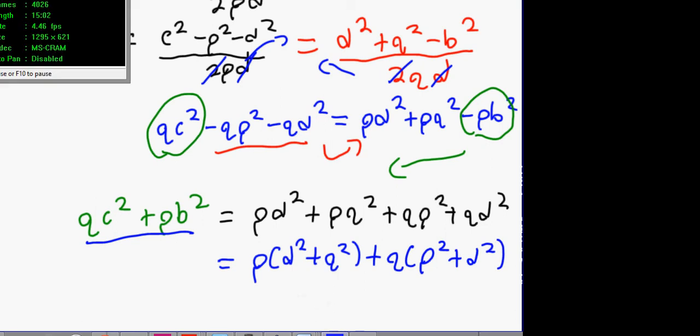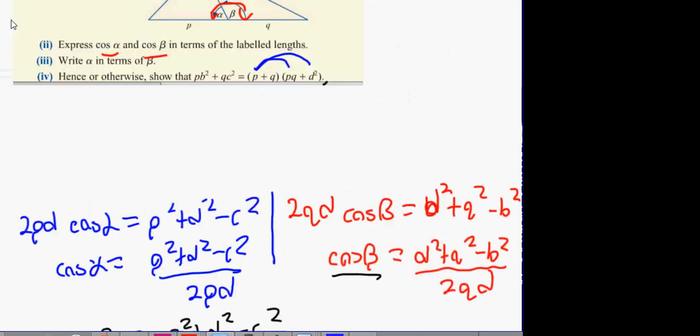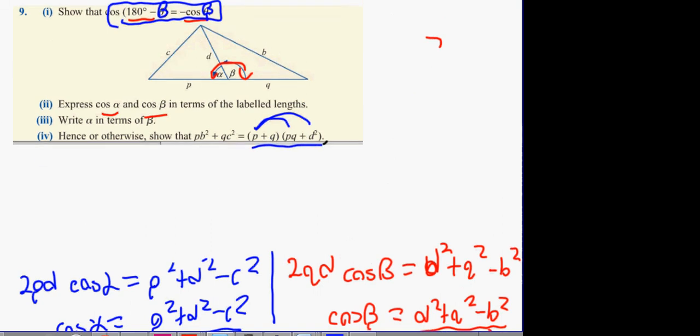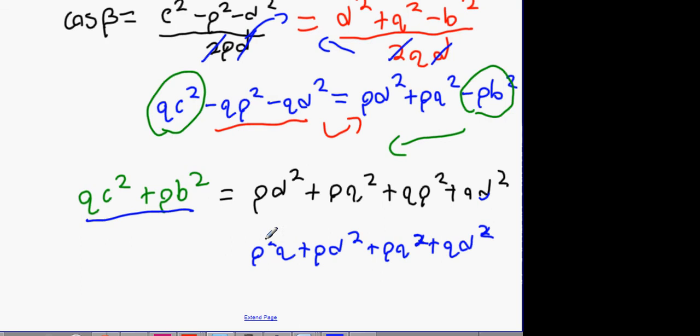In the event you get stuck on something like this, a good idea is to multiply out what's here. When I multiply out what's there, I get this sequence of letters here. I'm going to match them up accordingly. I'm missing p squared q. P squared q is the problem at the moment. Okay? So p squared q is meant to be here.